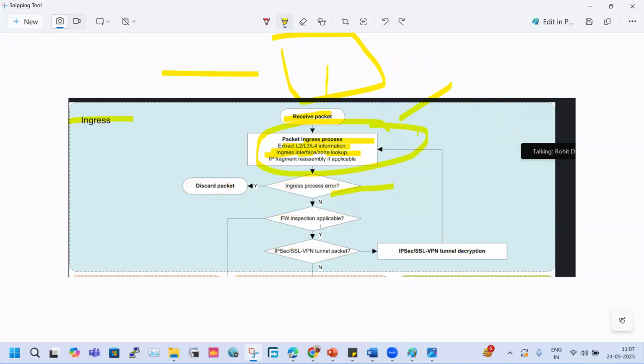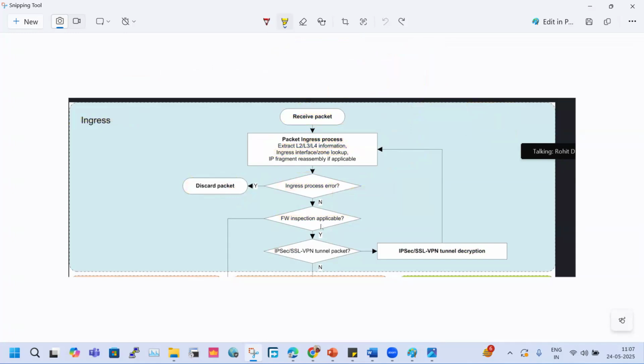Rohit asks: here we have already done the inspection of a packet earlier, so why do we need to do the packet ingress process again after tunnel decryption? This is the stage we are discussing.